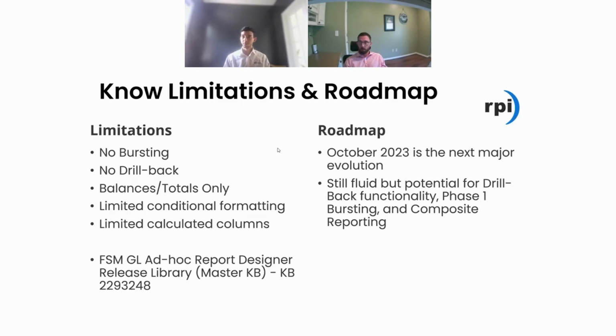For right now, some of the big ticket items that Todd and I and the team have seen when we've been into the system trying to build and dig: no bursting. You don't have the ability to burst that report out to a person or multiple people quite yet.